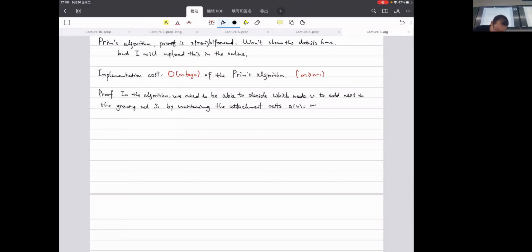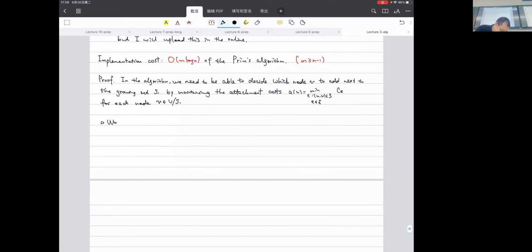a(v) equals the minimum of c_e over edges e = (u, v) with u in S, for each v in V minus S. We still use a heap with a(v) as keys.